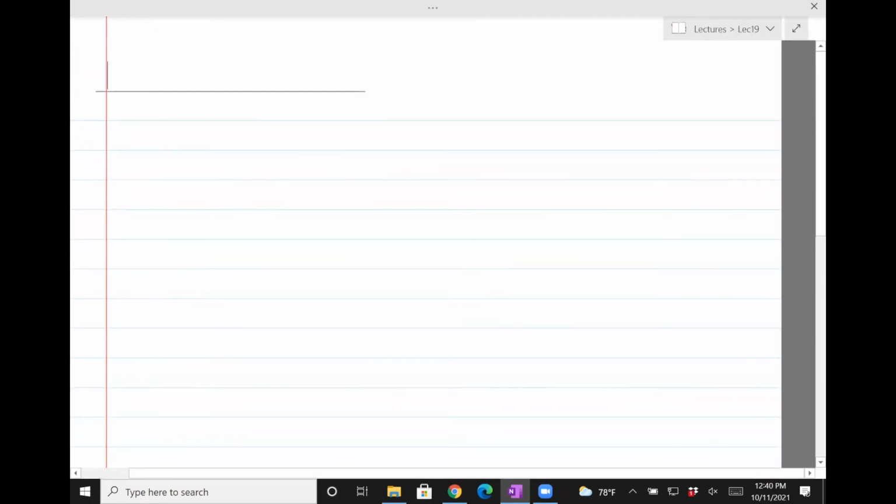Okay, so here's the third problem, which will consume the rest of the class. So, a simply supported beam, but now the load is somewhere here.